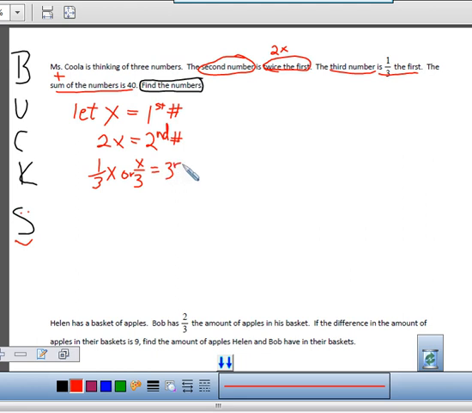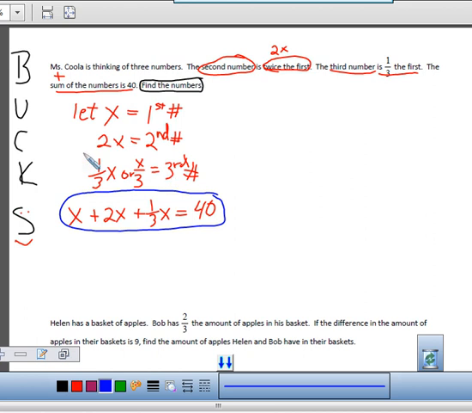That's the third number. All right, so now we need to find the numbers. They tell us that the sum of the numbers is 40. Sum means I need to add them up. So I've got x plus 2x plus 1/3 x equals 40. All right, so circle this because that is our equation.